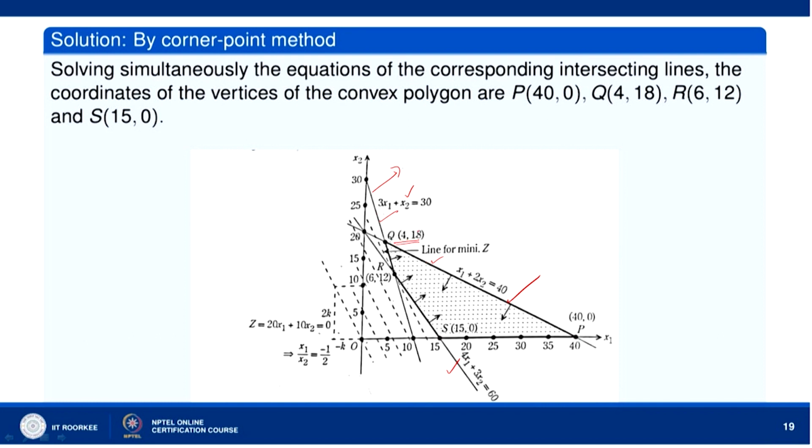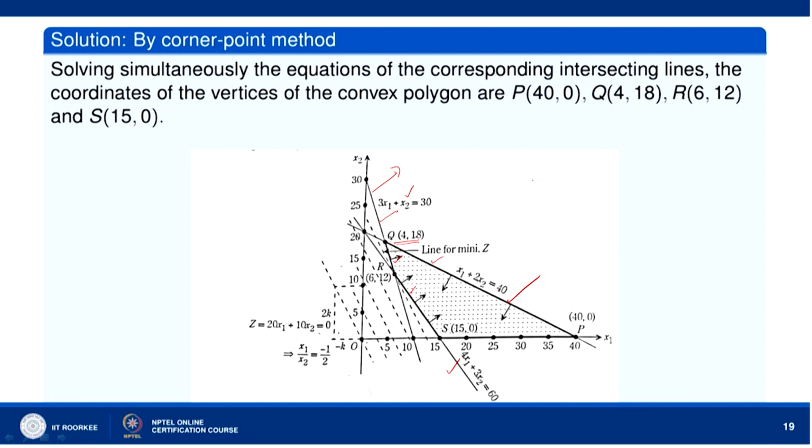And then the intersection point of 4 x1 plus 3 x2 equal to 60, that is this line, and this line 3 x1 plus x2 equal to 30, that is this one. This has coordinates 6, 12.